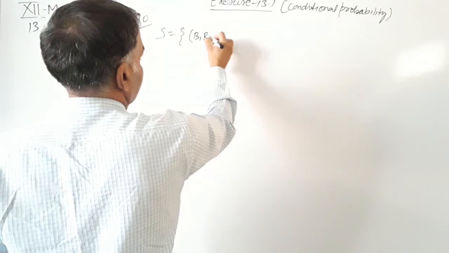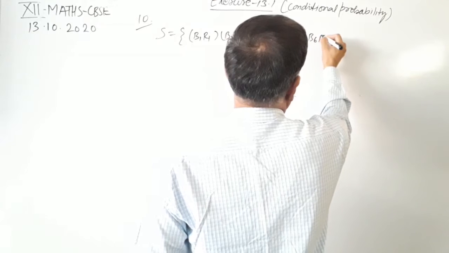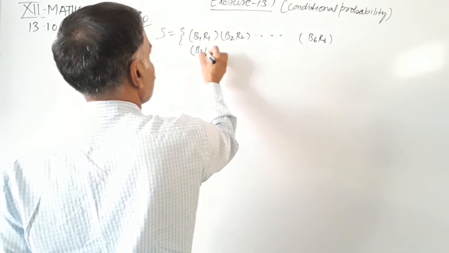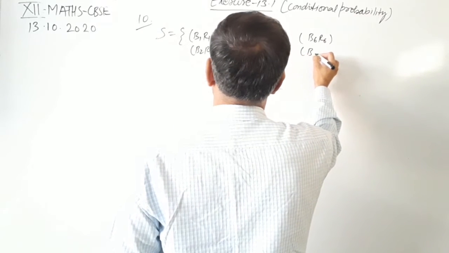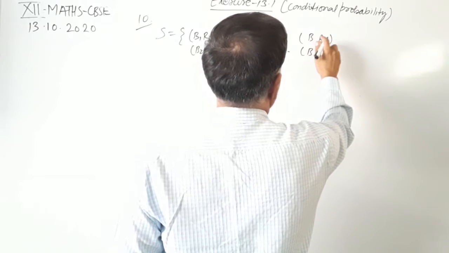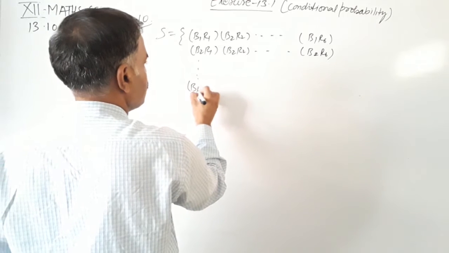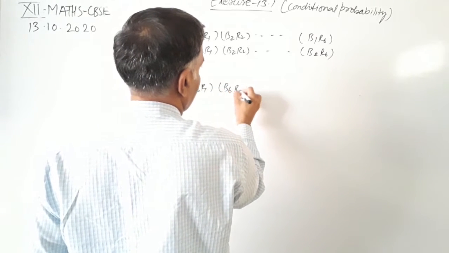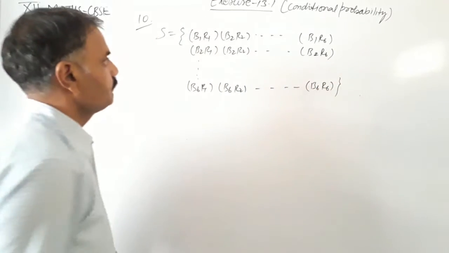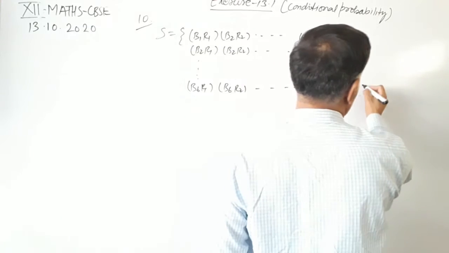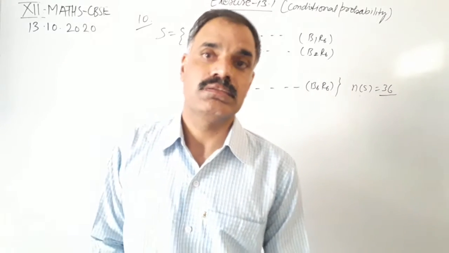So B1 R1, B1 R2, and so on, B1 R6; B2 R1, B2 R2, and so on, B2 R6; and lastly B6 R1, B6 R2, and so on, B6 R6. This is the sample space, and in the sample space the total sample points are 36.